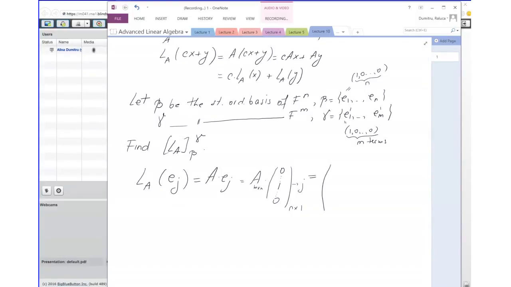Everything else is multiplied by 0. To find the next entry, I do row 2 of A times that vector. What do I get? A2j. How many rows does A have? m. So the last entry will be Amj.